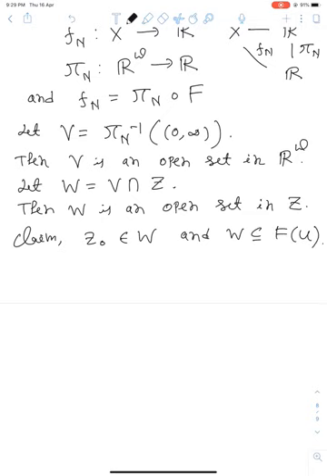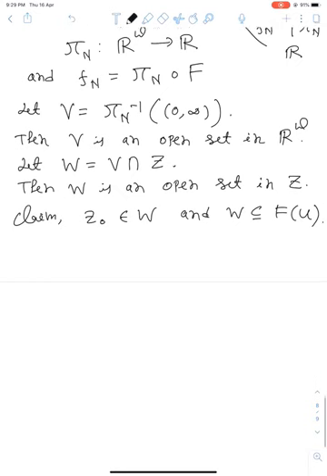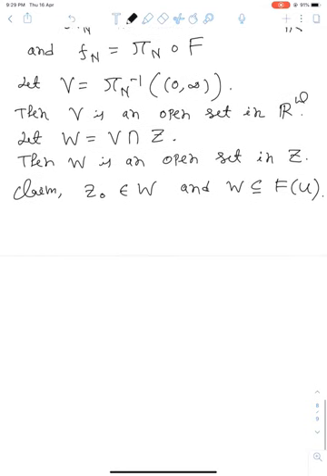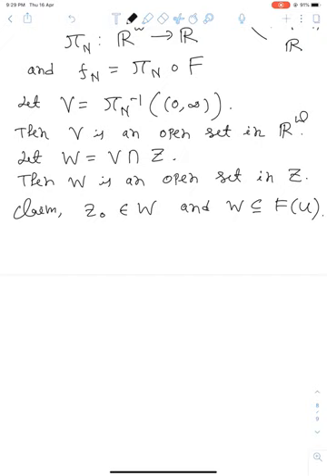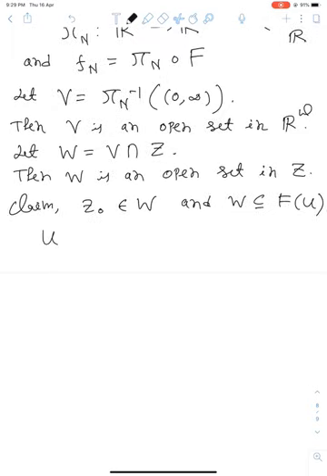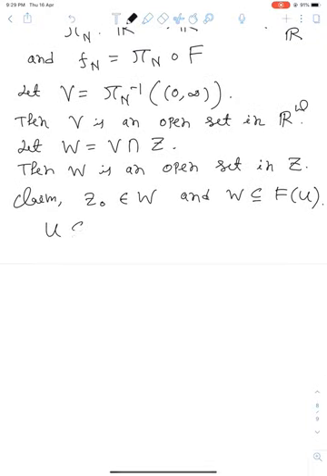Now why does z_0 belong to W? It is actually clear. First of all, we have to show that z_0 belongs to Z. So why does z_0 belong to Z? See, what is my U? U is an open set in X, right?